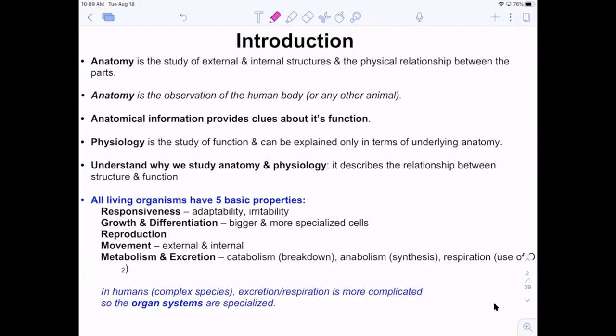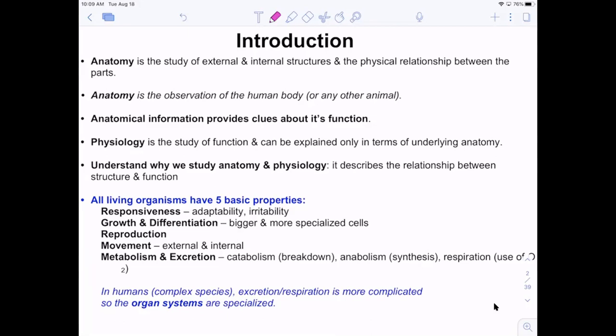So you take anatomy first, you learn all the names of all the structures, from cells to groups of cells, which are tissues, to tissues working together, and we call those organs. And then organs working together, we call those organ systems. So like the heart pumps blood, and the respiratory system, or the lungs, exchanges gas.